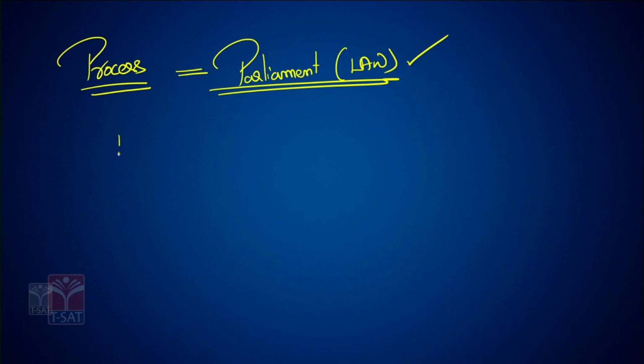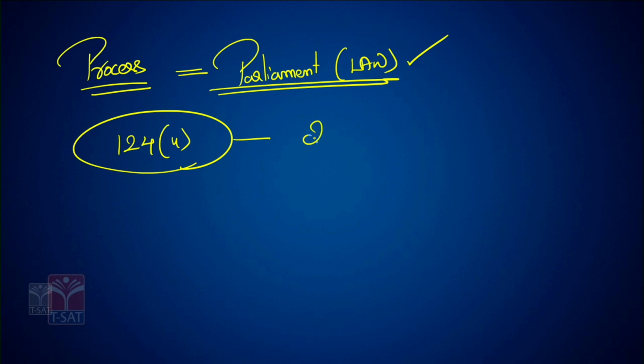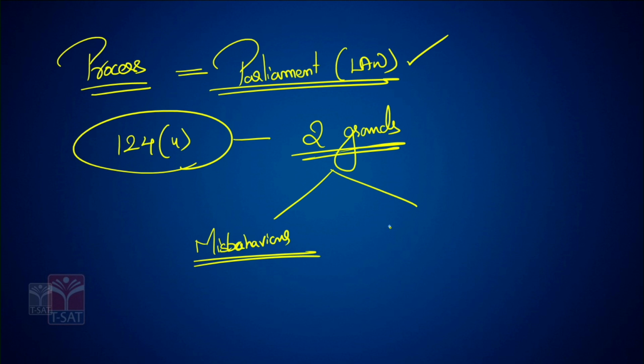But according to the Constitution, Article 124 clause 4, only on two grounds can a judge be removed. What are they? The first one is misbehavior, and the second one is incapacity. But how is a judge removed?